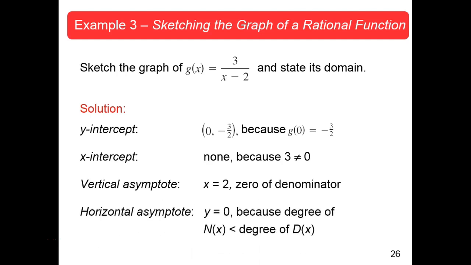Horizontal asymptote: ratio of leading terms, and as x is very, very large, 3 over x is going to 0 in both directions. So y is equal to 0. Make sense? That's all we can do with what we've got.